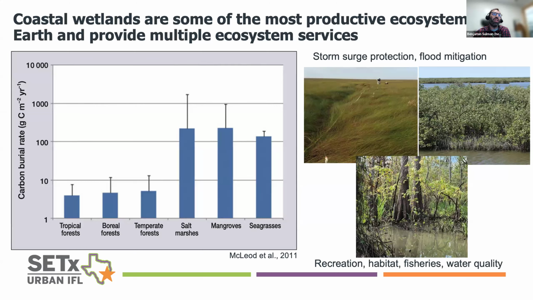So there's a flood mitigation aspect. They also provide a lot of services related to recreation, habitat for endangered species, and also common species. They support fisheries, which are an important part of the economy and lifestyle in coastal Texas. And healthy wetlands also promote water quality, which is an important consideration.